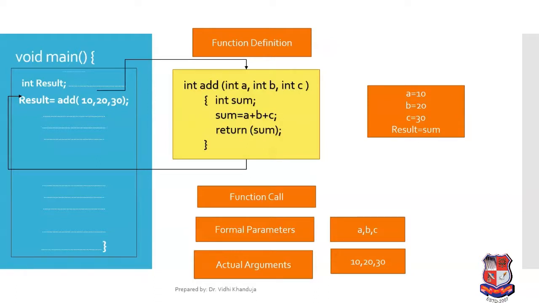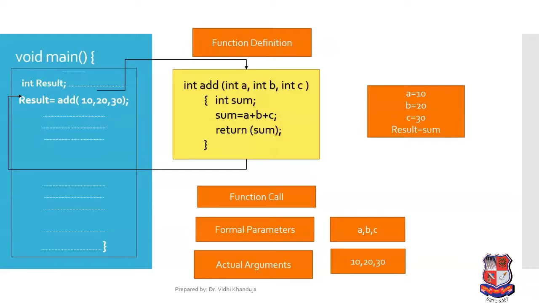It has a return type, the name of the function, and formal parameters. Return type is int. That means this function is going to return a value of type integer. The name of the function is add. And the formal parameter list includes three variables a, b, c of type integer.